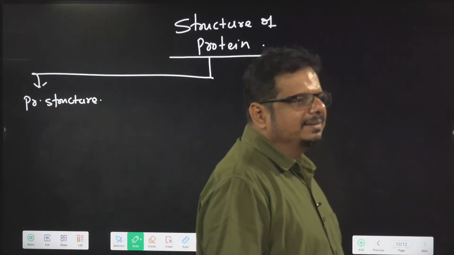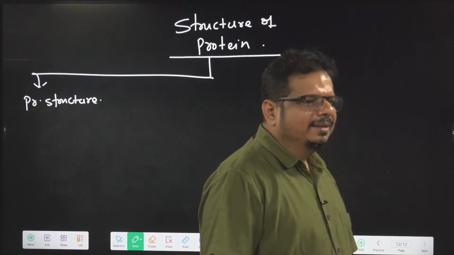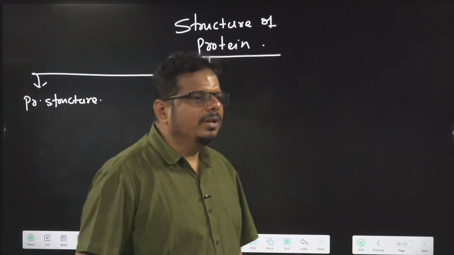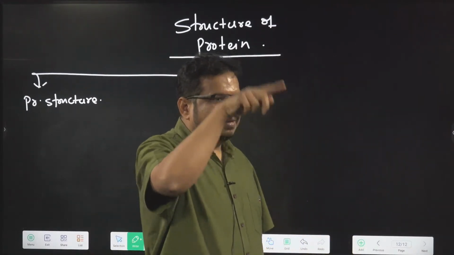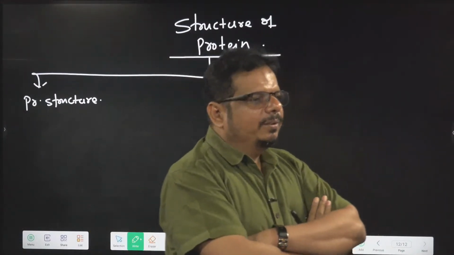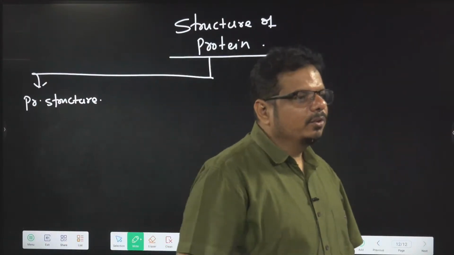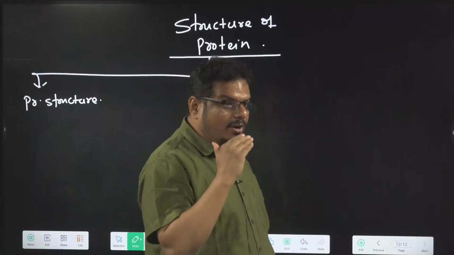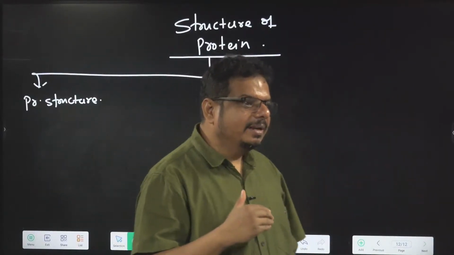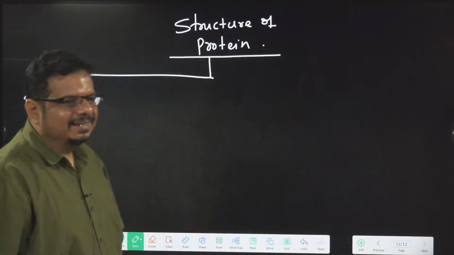Molecular formula, MgCl2, CaCO3. For organic people, 2D structure, benzene ring, two-dimensional model. For physics people, 3D approach. And in biology, we talk not only in 3D, we also talk in 4D model. Getting the idea? Is it clear in the mind?